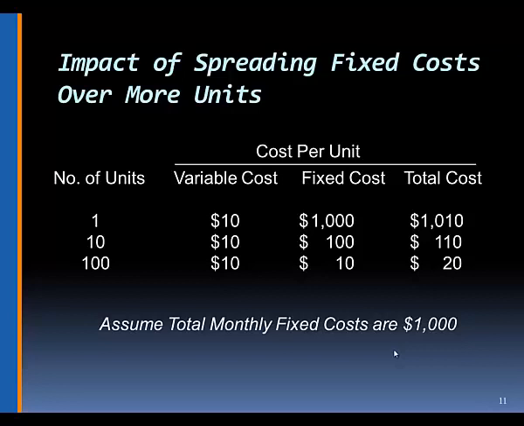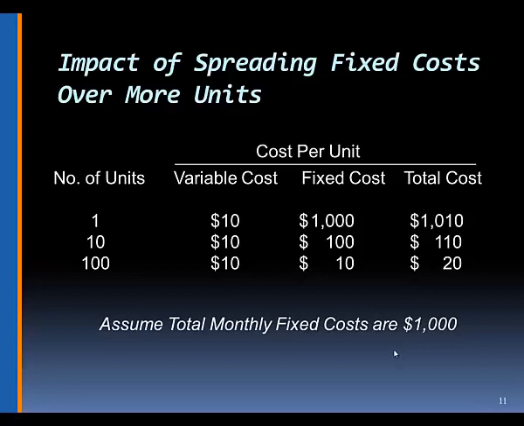Assume our monthly fixed costs are $1,000. The variable cost per unit is $10. If we make one unit, we must assign all the fixed costs to that unit. So the total cost per unit is $1,010.